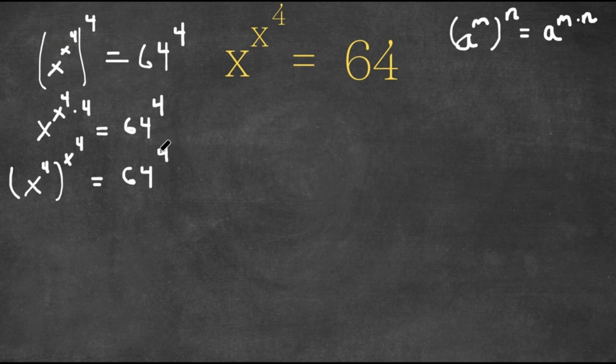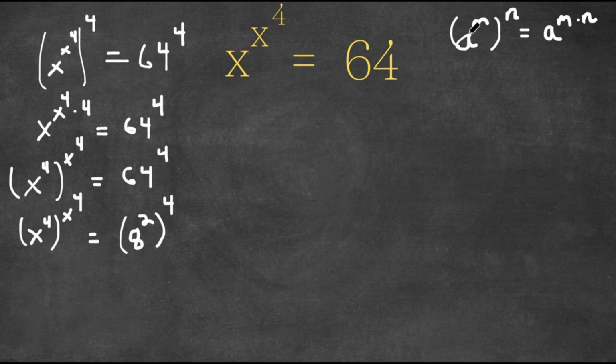Now 64 can actually be written as 8 squared. So 8 squared to the power of 4 is still equal to x to the power of 4 to the power of x to the power of 4.